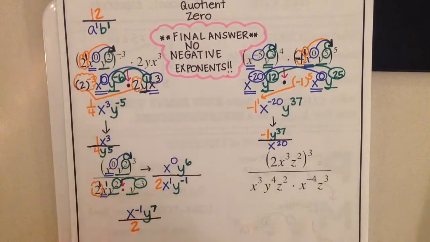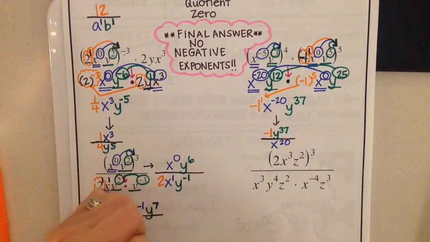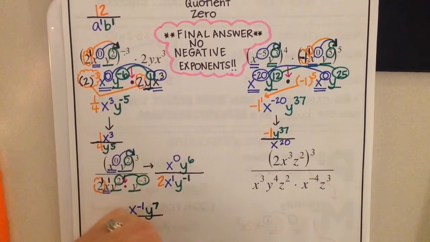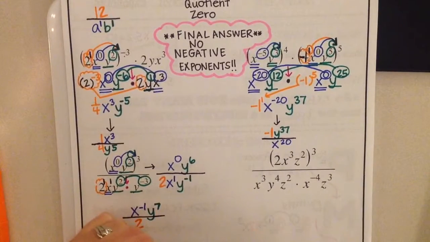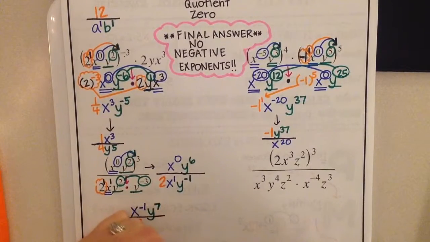I sure do. Now remember, if you have a negative exponent, you are going to move it to the other part of the fraction. So if it's a negative exponent in the numerator, you need to move it to the denominator. So this base of x is actually going to come down and join the 2 in the denominator.